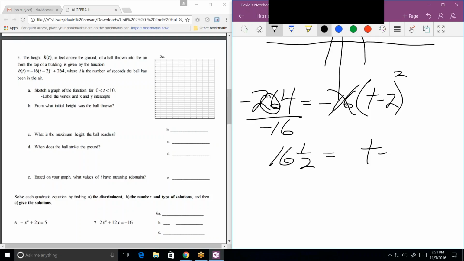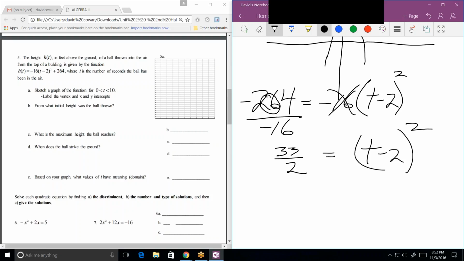t minus 2 squared. Now, 16 and a half is 33 halves. Wow. And I'm doing it this way because sometimes it's easier to take the square root if it's an improper fraction.